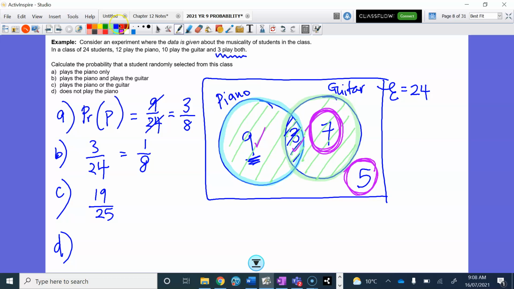So the students that do not play the piano, 7 plus 5 would be 12 out of 24. I just spotted a little error that I made in the one before. Not 25, it's out of 24. So 12 out of 24 will also obviously cancel down to a half.